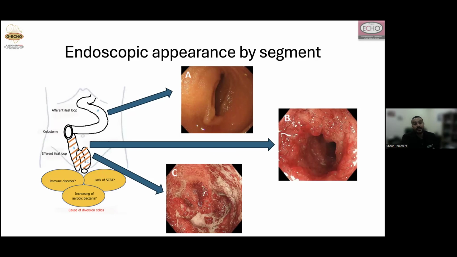Image B is the proximal segment of the diverted colon, and already there you can see that there's mucosal edema that has occurred within that segment. And the further distally you move away from the diverted segment in image C, that patient looks like he's got a severe colitis in that setting.